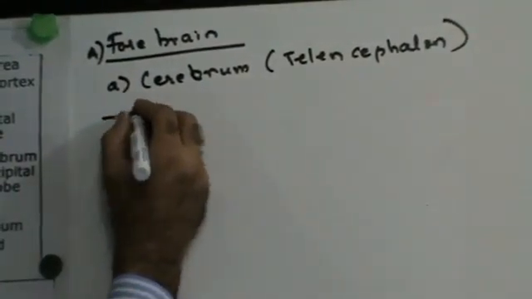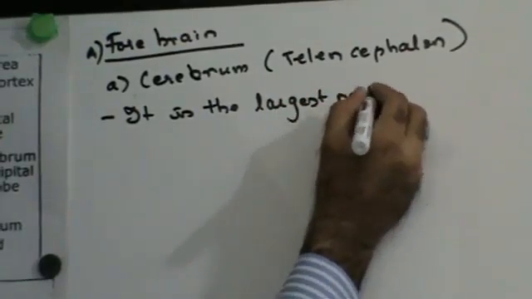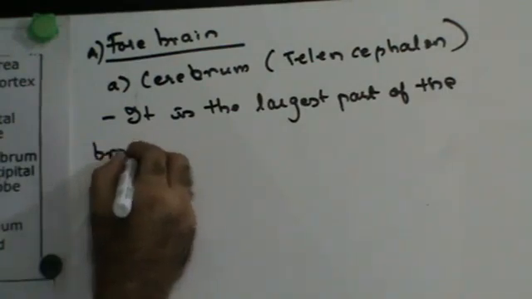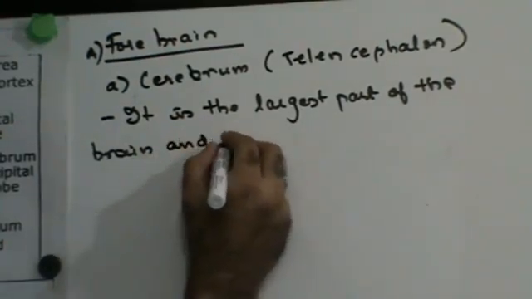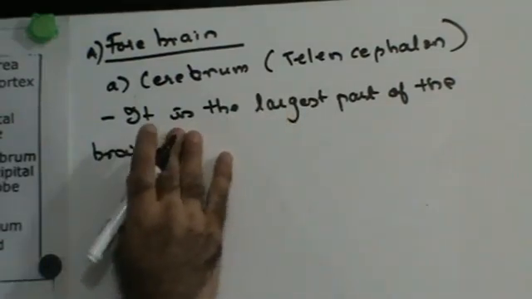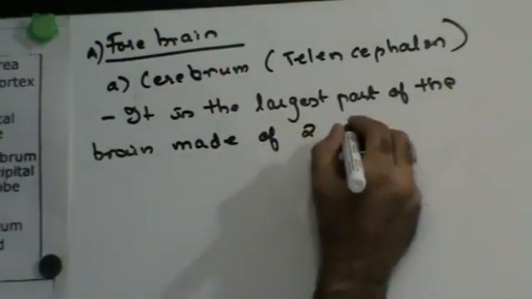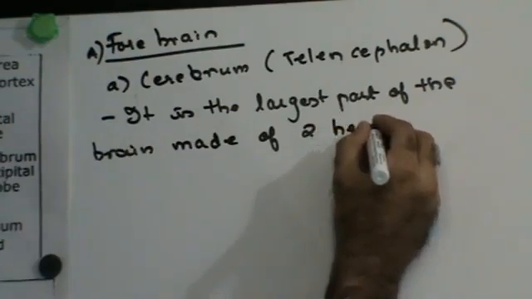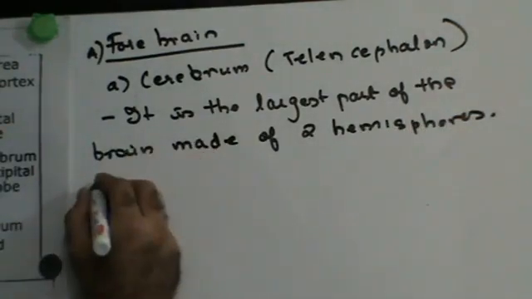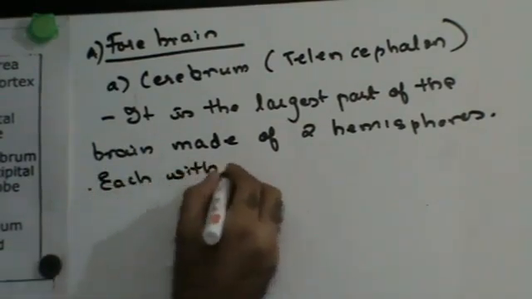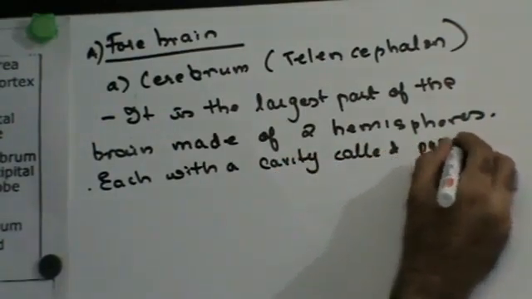It is the largest part of the brain and is made up of two hemispheres, left and right, each with a cavity called parasoid.